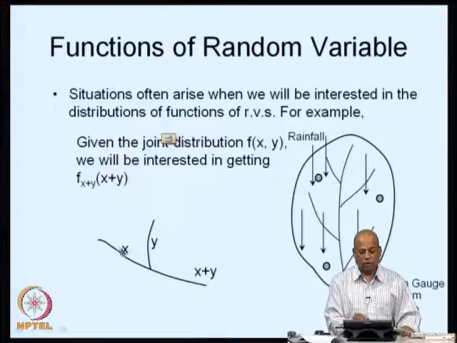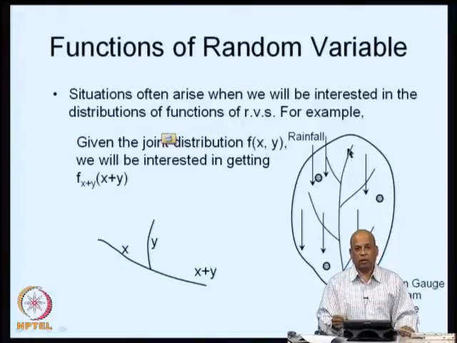The stream flow here is denoted by the random variable x, and the stream flow here is denoted by the random variable y. We may be interested in the distribution of x plus y, which is the combined stream flow coming downstream of this location. So, if you know the density of x and the density of y, how do we determine the density of x plus y? That is the question here.